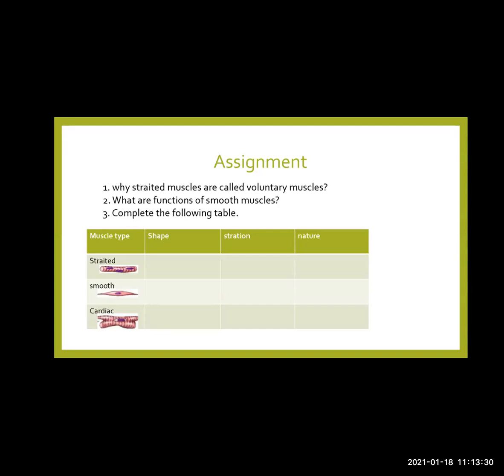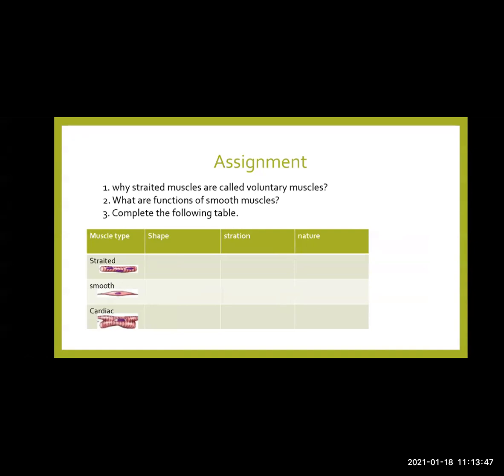It is present in the blood vessels where it causes contraction and relaxation, which helps in circulation of the blood. So based on the position, a particular function is performed by the smooth muscles.